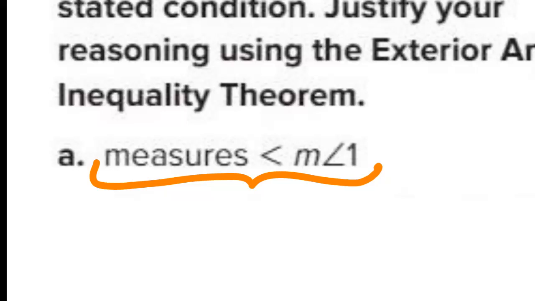Alligator always eats what? The bigger number, the bigger thing, right? Which thing is the alligator eating here? Measurement of angle 1. So I want the measurement of angle 1 to be bigger than whatever it is that I'm looking for. So I'm going to change this into words here. I want to find angles smaller than angle 1. Angle 1 has to be the bigger thing.